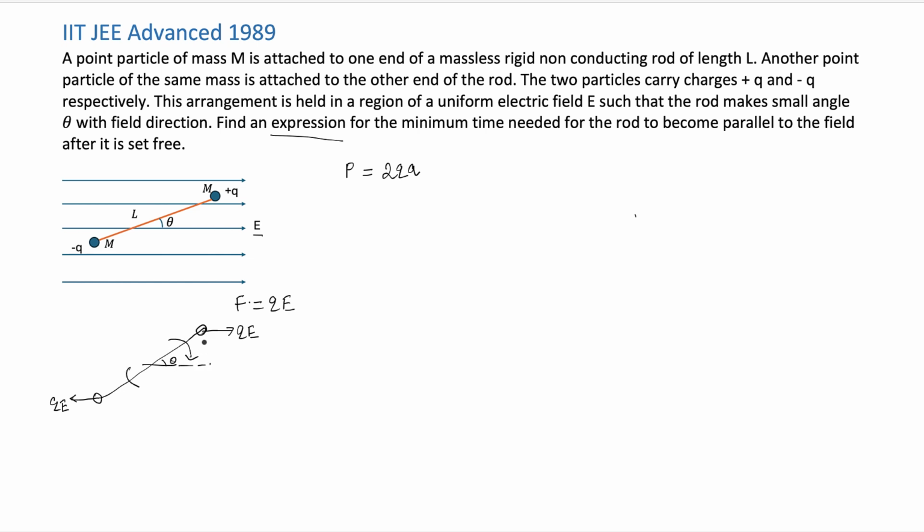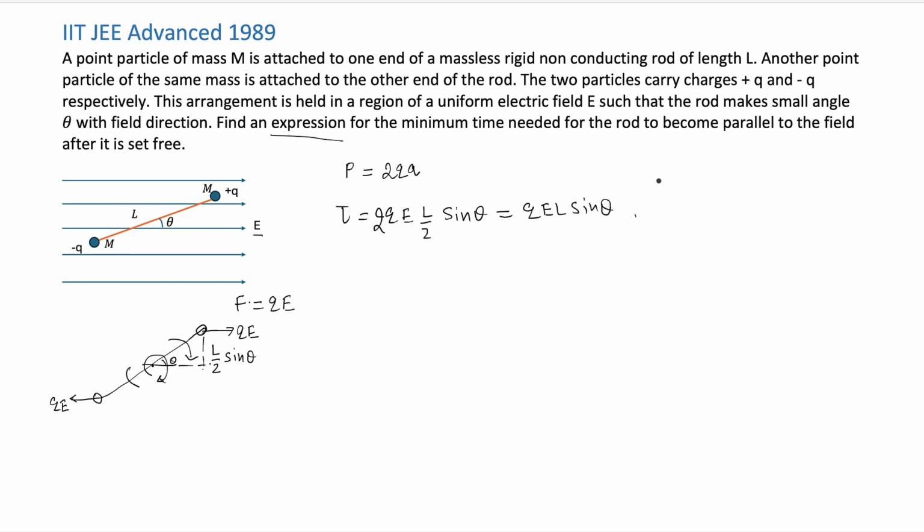And the torque is given by the force times the distance from the center, because this is going to turn from the center. And that distance is nothing but L by 2 sine theta. Okay, so torque is QE L by 2 sine theta, and there are two forces here, so times 2, and therefore this is QE L sine theta.